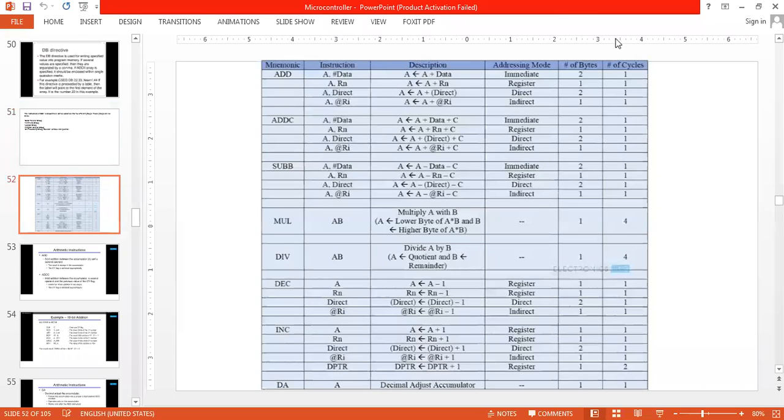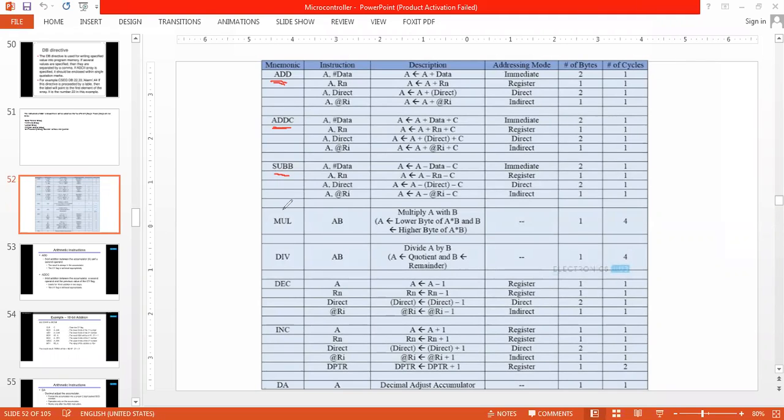Like the ADD instruction, ADDC, add with carry. Okay, ADD and add with carry. Then we have subtract with borrow. There is no plain subtraction; whenever we are subtracting, we have to subtract the data along with the carry.